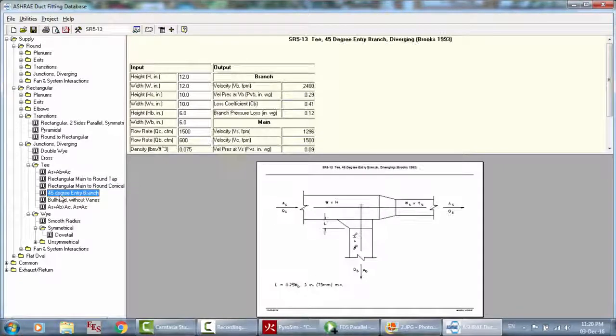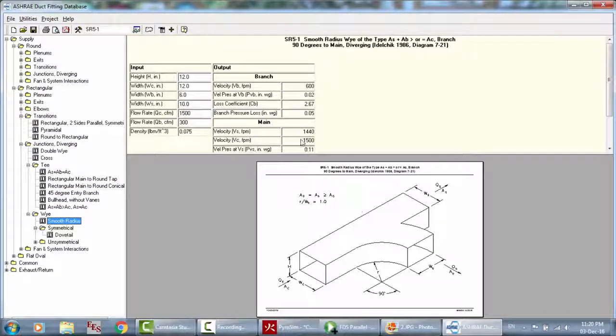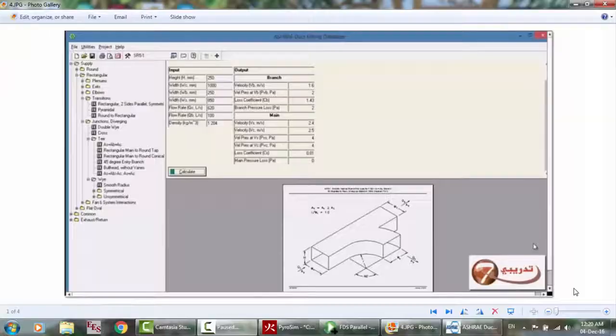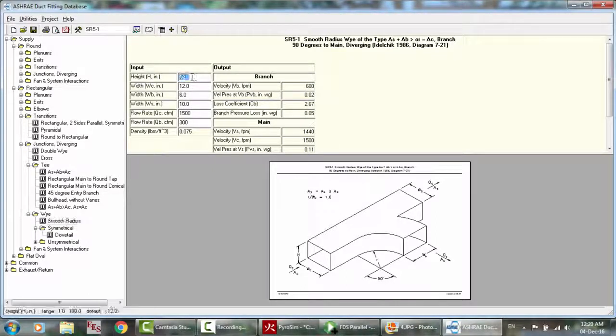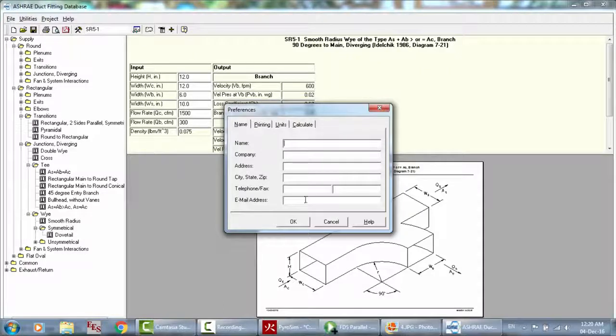Okay, let's take this example. So let's input this data. Click on project and call this references, and here the units SI.